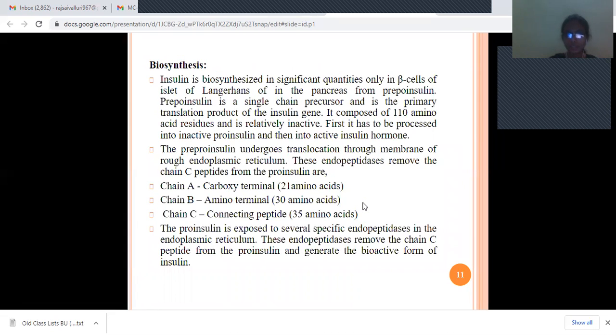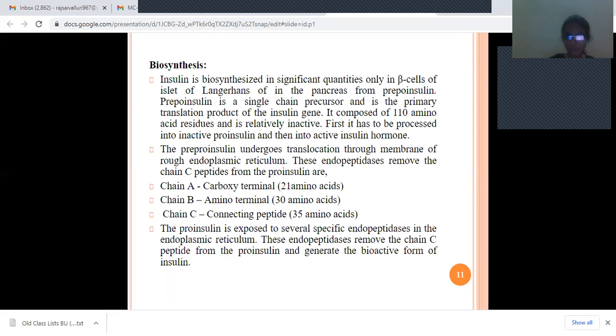Next, biosynthesis. It is biosynthesized in the beta cells of the islets of Langerhans of the pancreas from preproinsulin. It is a single chain precursor and is the primary translation product of the insulin gene.